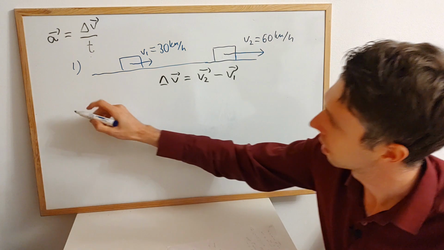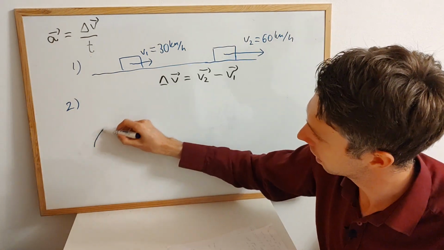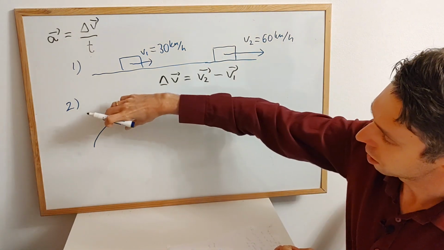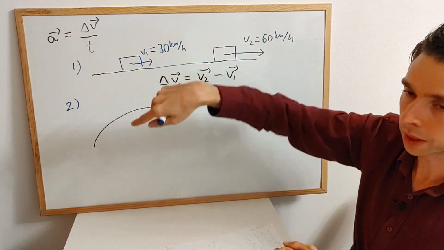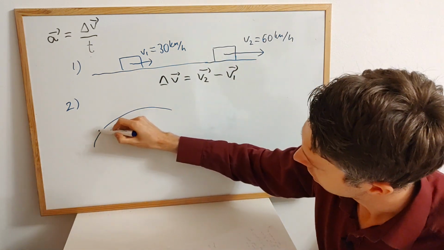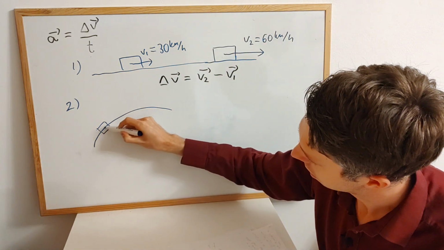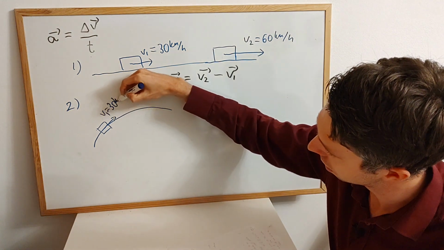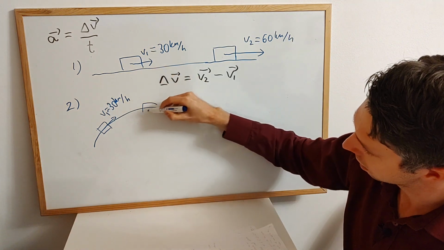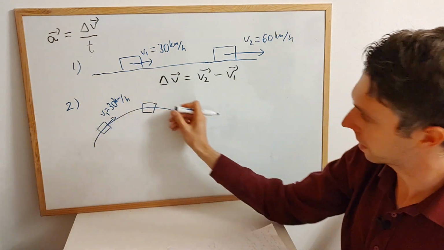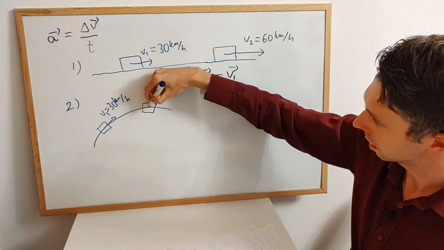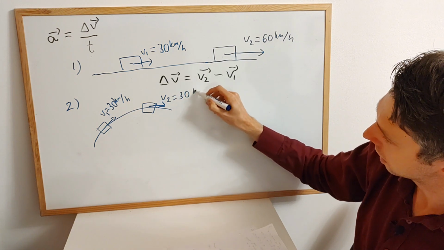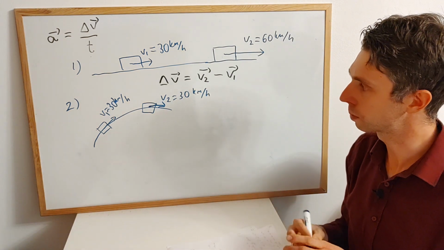And the second situation, let's say there is a curve and we look from the bird's view from top, and the car first goes with speed v1, 30 kilometers per hour, and then it goes like this, and then it goes again with speed v2, the same 30 kilometers per hour.